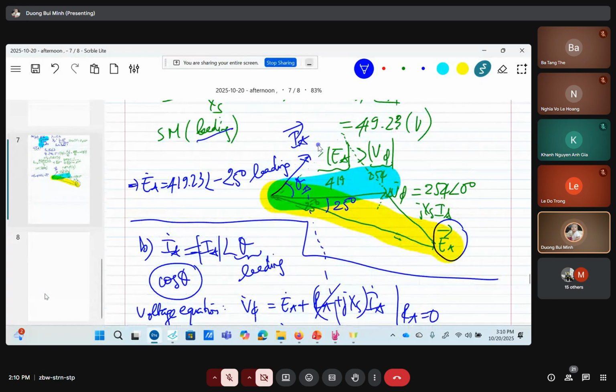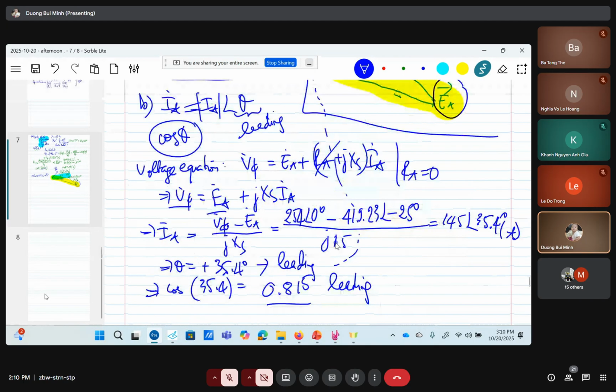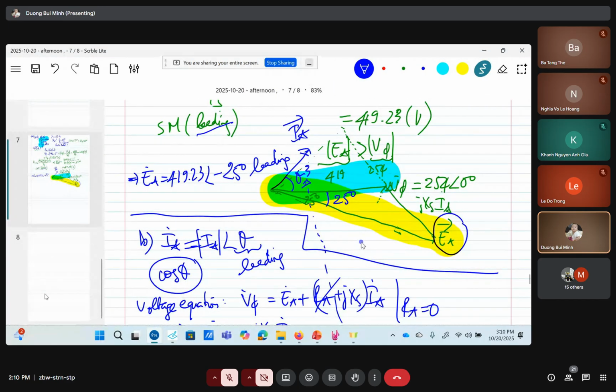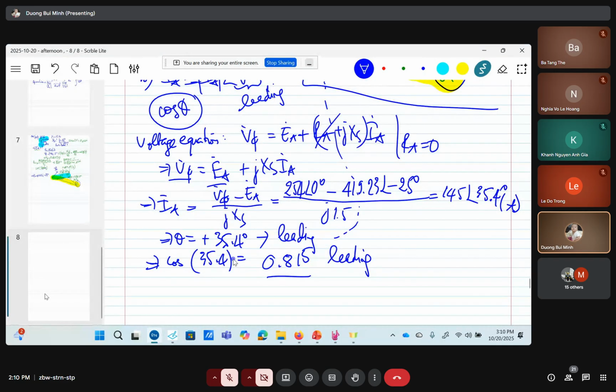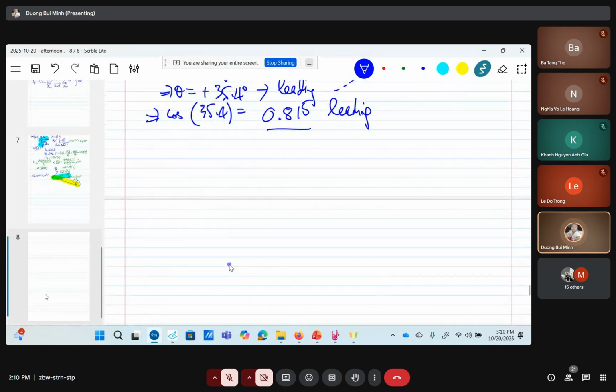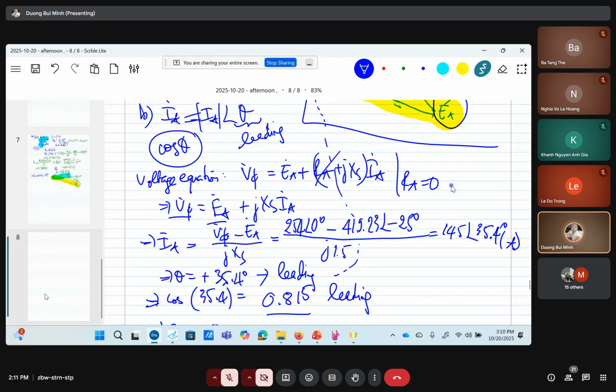Okay, so now this one is 35.4, and this one is 145 with 35.4 degrees. So this is delta, this is theta. Now we have the phase angles: delta is 25 degrees, theta is 35.4 degrees. So we get gamma, the phase angle between IA and EA.